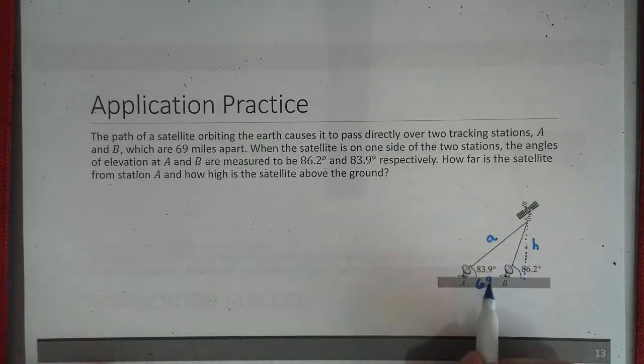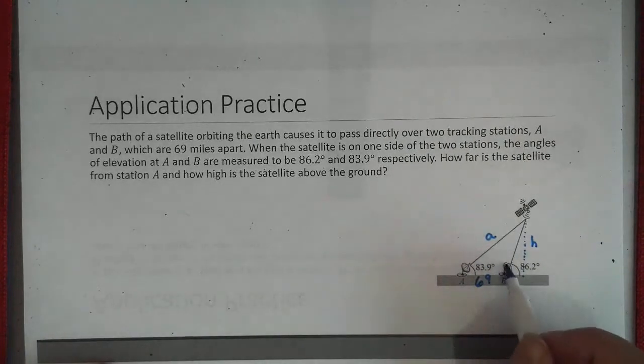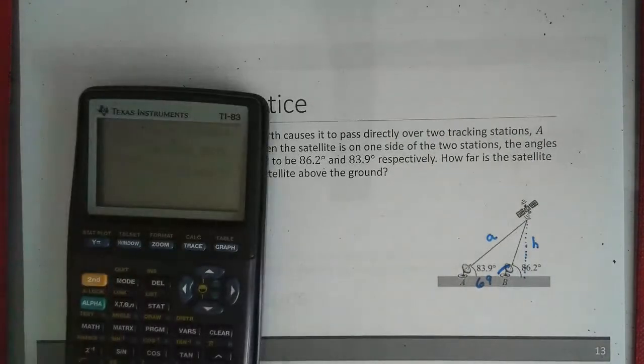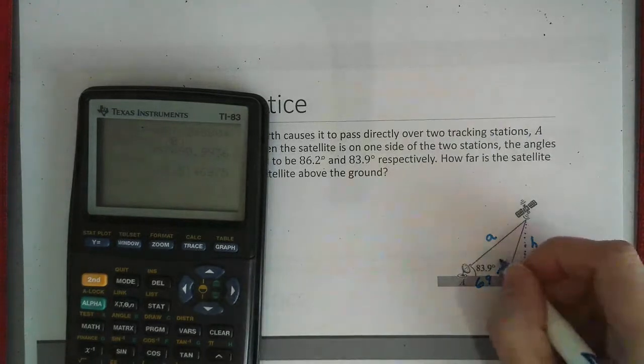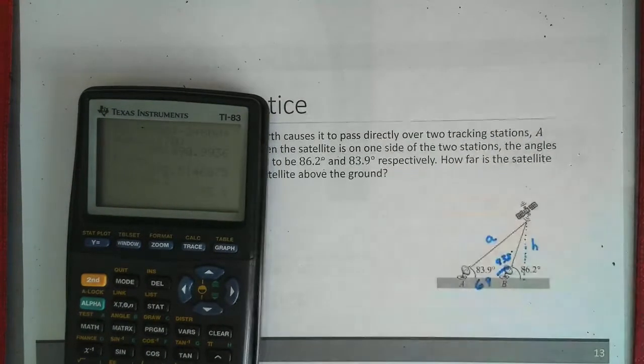To go from flat ground to flat ground, a straight angle all the way over should be 180 degrees. So this angle right here should be 180 minus the 86.2. So if we do 180 minus 86.2, we get this angle here to be 93.8 degrees.